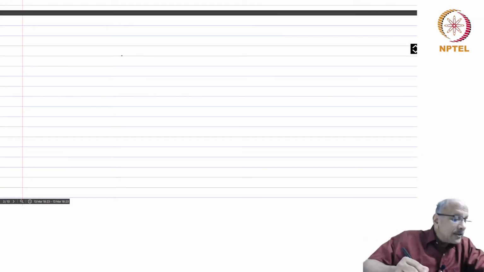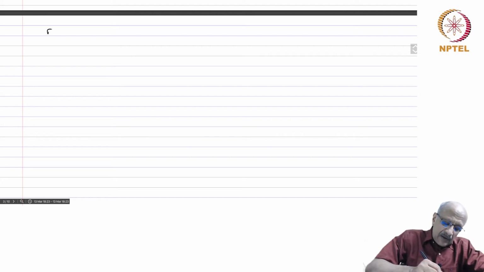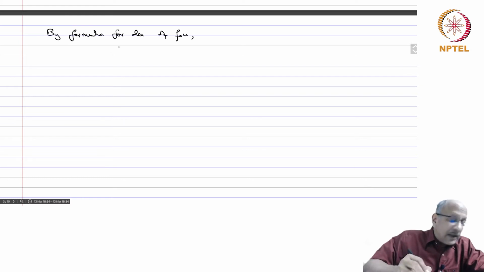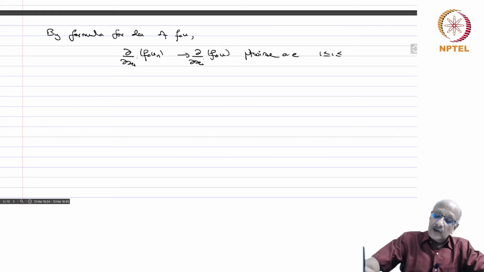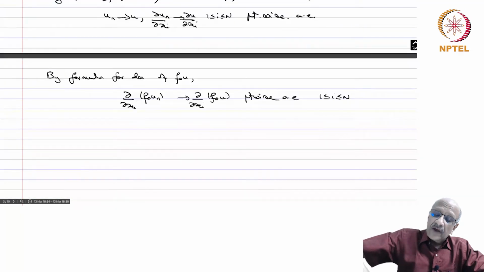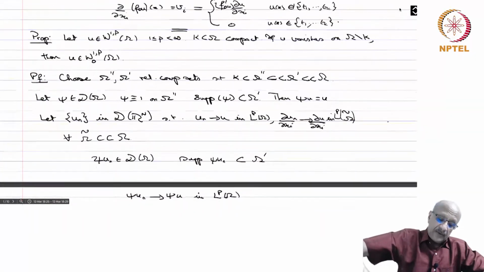Okay, so then f' is continuous, and by the formula for the derivative of f composed with u, we have that ∂/∂x_i of f(u_n) goes to ∂/∂x_i of f(u) pointwise almost everywhere, 1 ≤ i ≤ n, because what is the derivative of f(u) in Stampacchia's theorem?